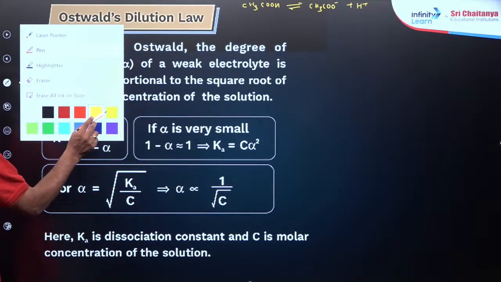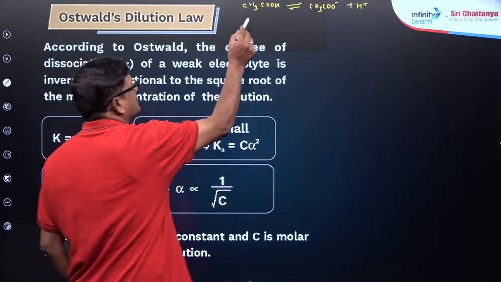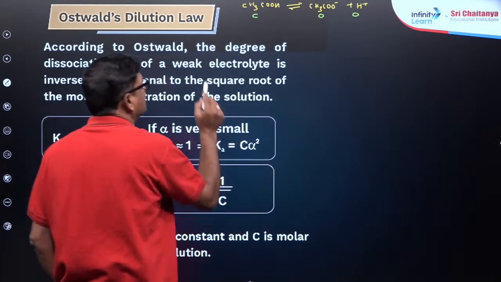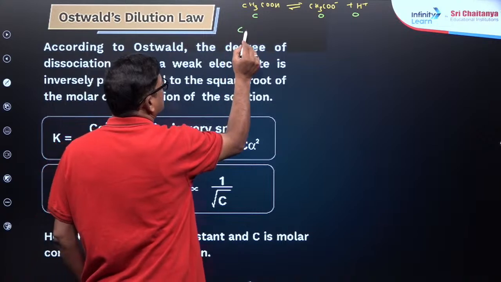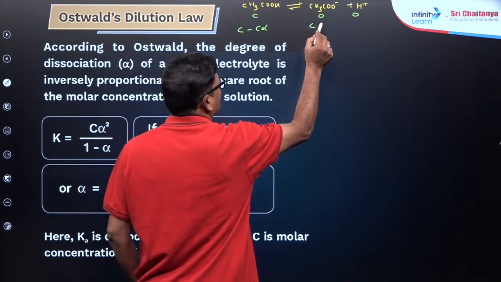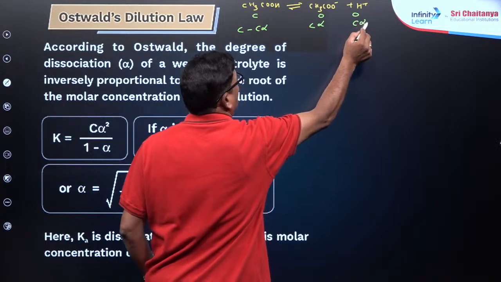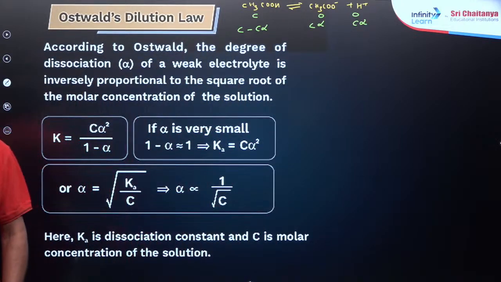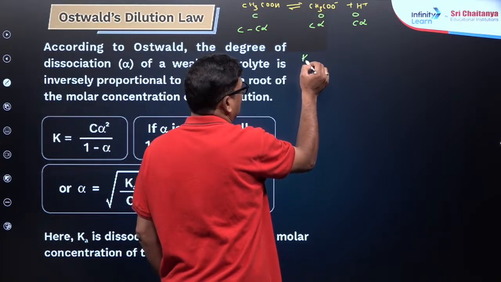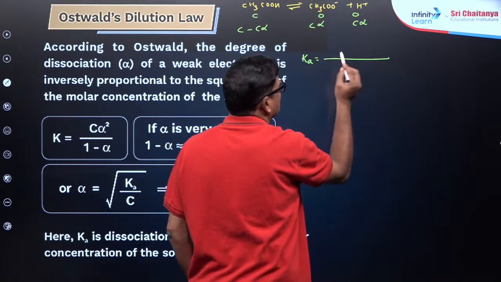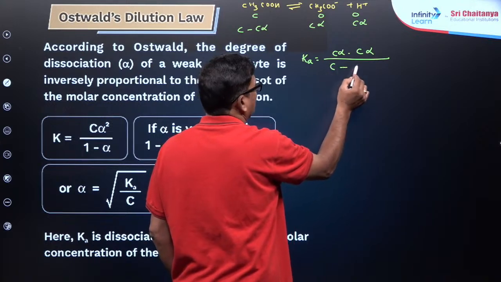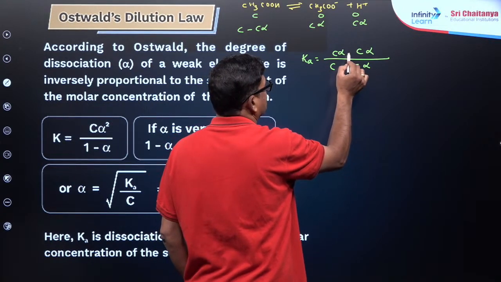Now let us say initially C moles per liter is taken, and 0 moles and 0 moles are formed. When equilibrium is reached, C minus C alpha is consumed so that C alpha is formed. And for a weak electrolyte, Ka is equal to C alpha times C alpha over C minus C alpha.